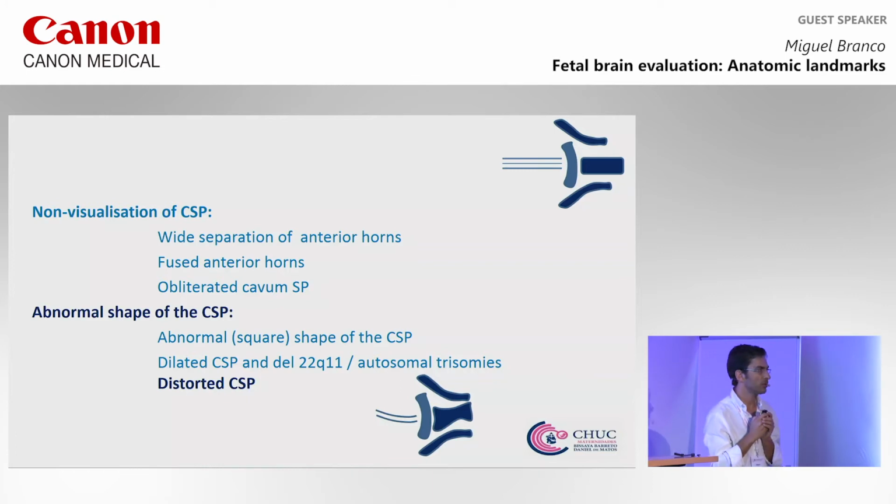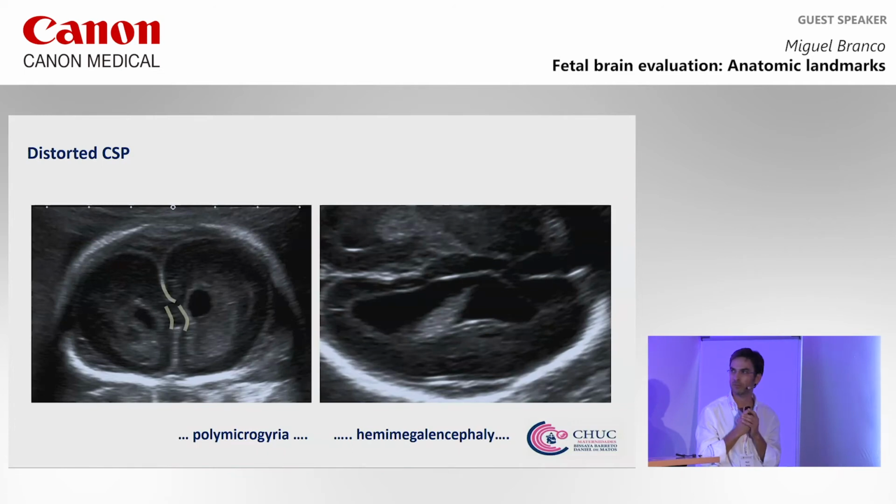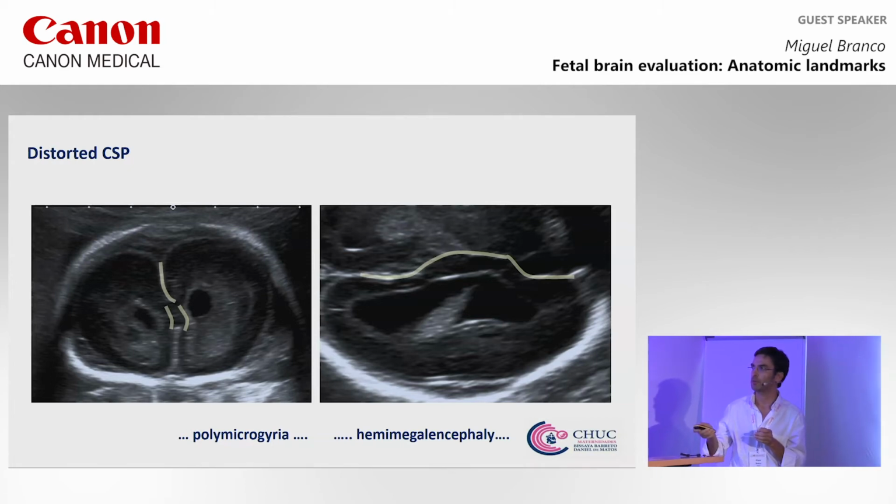The last situation is a distorted anterior complex. It can also range a lot. In this situation, we have a real distortion, and the midline is really distorted. There is some heterogeneity here, and we have a rounded anterior horn of the ventricle.